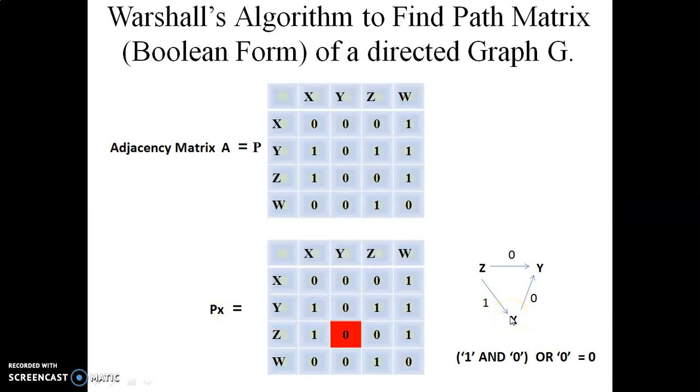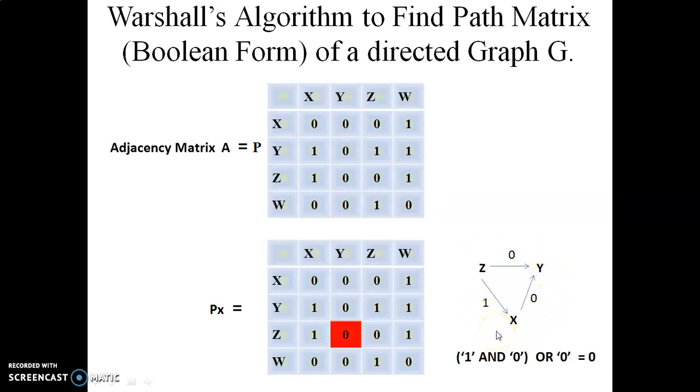And then check the values to go from z to x and from x to y in the previous matrix. From z to x, the index value is 1, so we write it here as 1. And from x to y, the index value is 0, so we write it as 0. And then calculate the Boolean value.